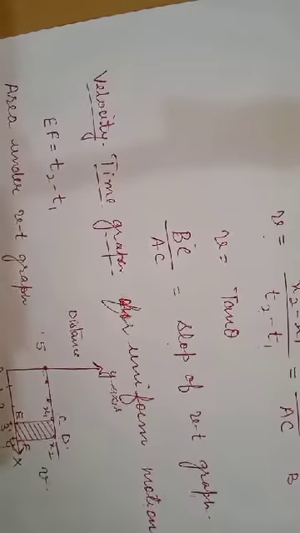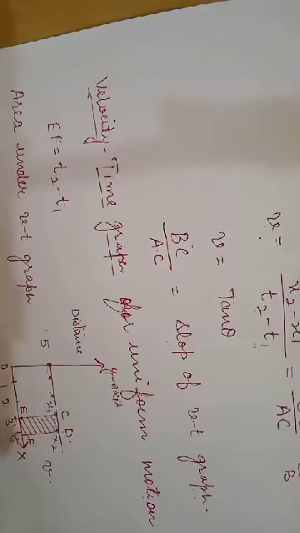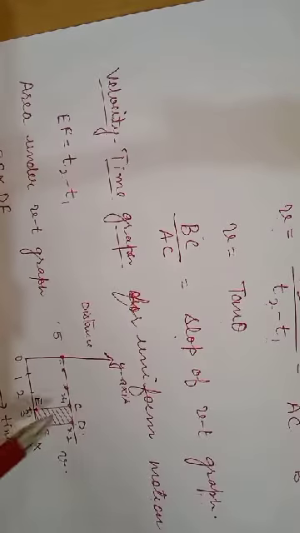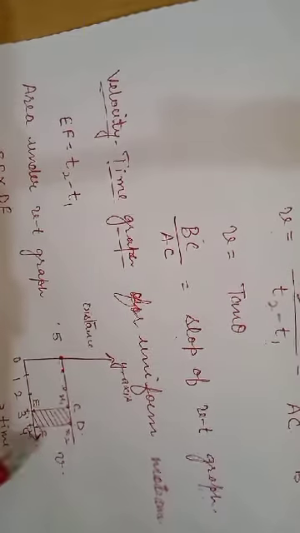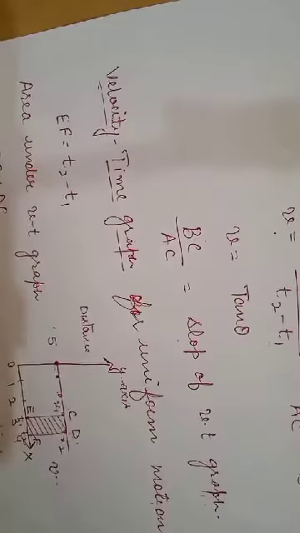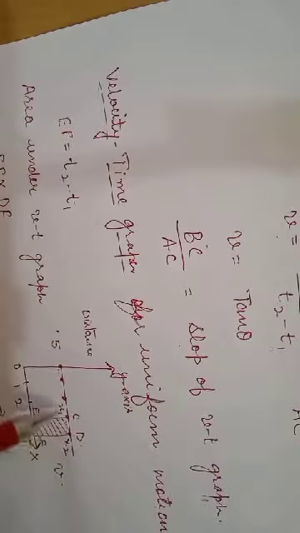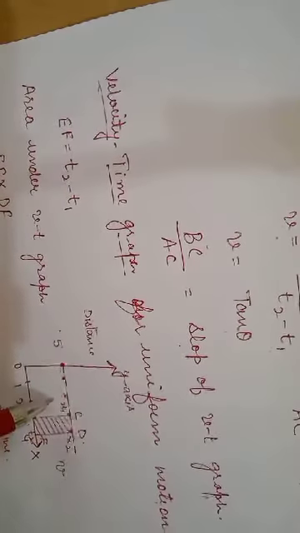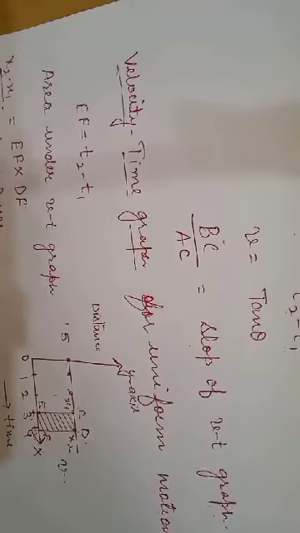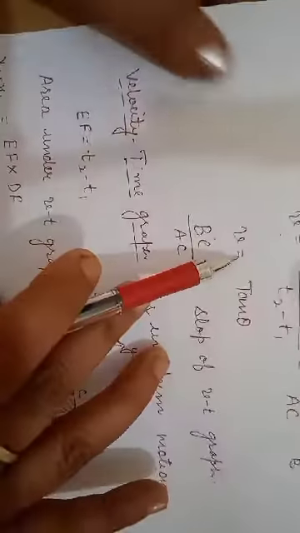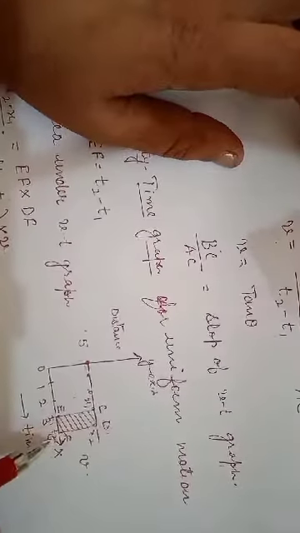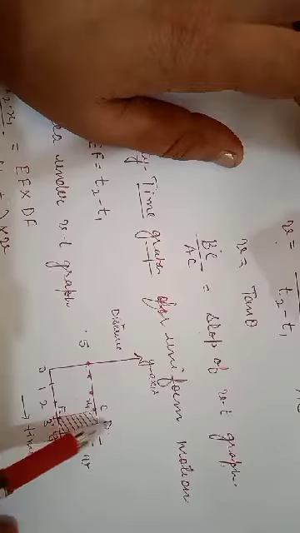So the area under the VT graph is equal to the area of this rectangle, and the area of a rectangle is length into breadth. So length is EF and breadth is DF. So the area under the VT graph is x2 minus x1, which is equal to EF multiplied by DF.